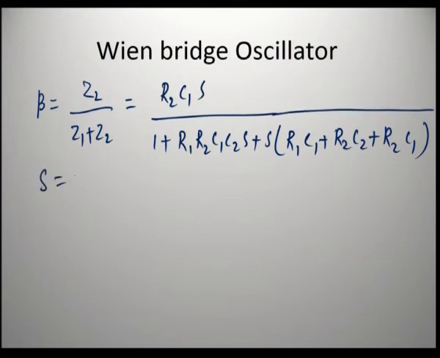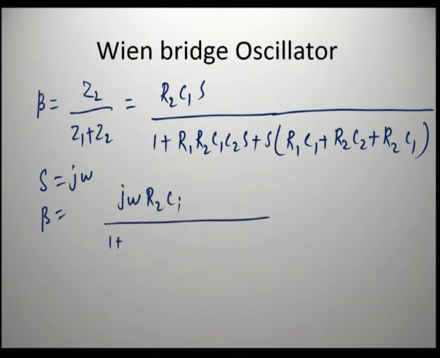And if you put S equal to j omega, then beta will be equal to j omega R2 C1 by 1 plus the total terms.